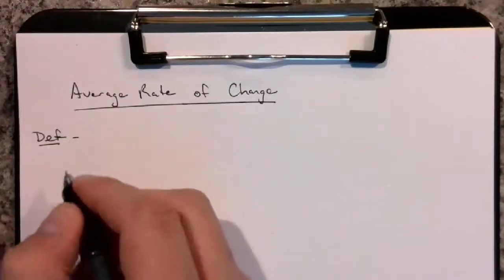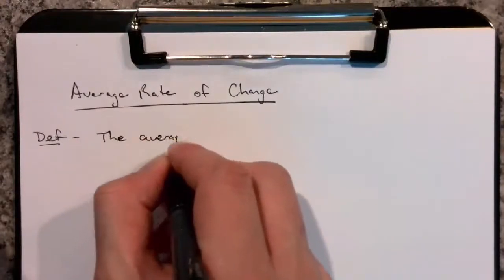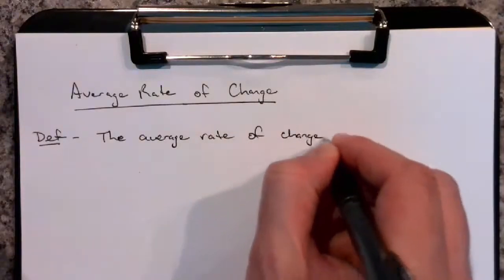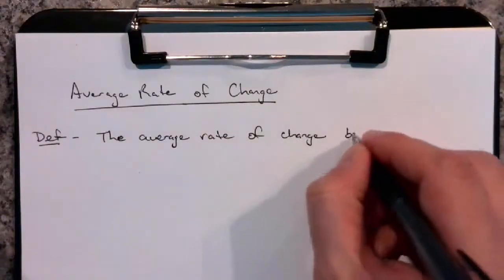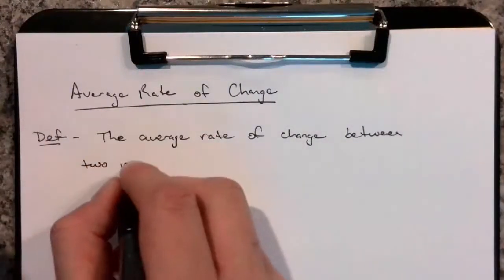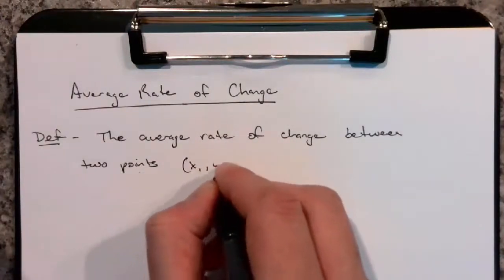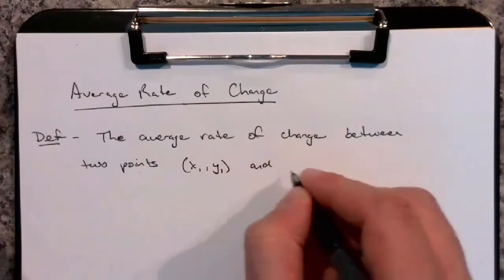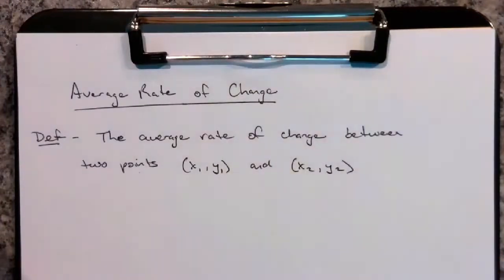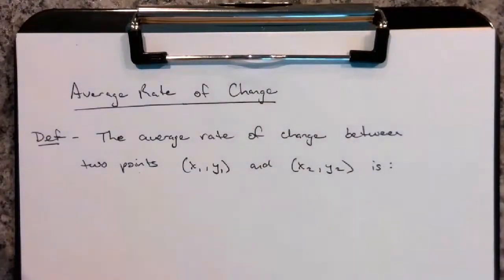So for this definition, the average rate of change between 2 points, which I'll call x1, y1, and x2, y2, is, and it's really this formula, right?